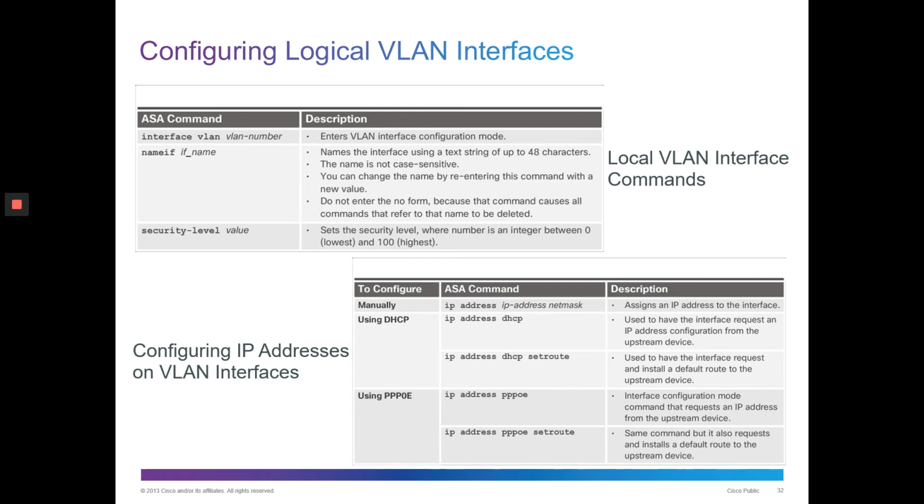The next one is configuring an IP address on a VLAN interface. Again, you can do it manually, using DHCP, or using PPPoE as well. Here you have some commands like ip address pppoe or ip address pppoe setroute, which is the same command, but it also requests and installs a default route to upstream devices.